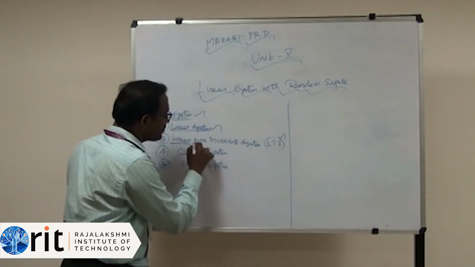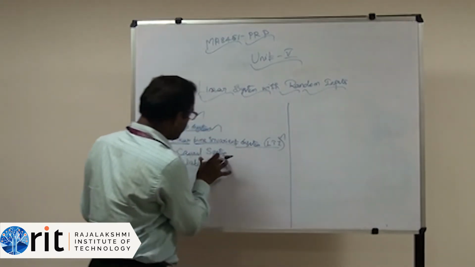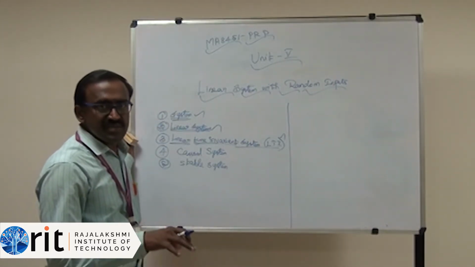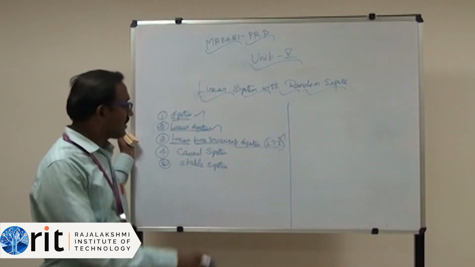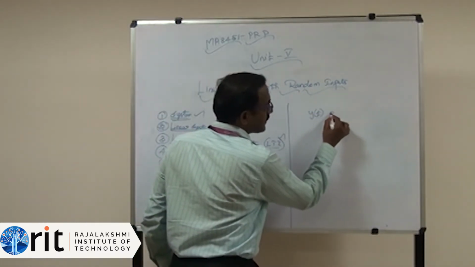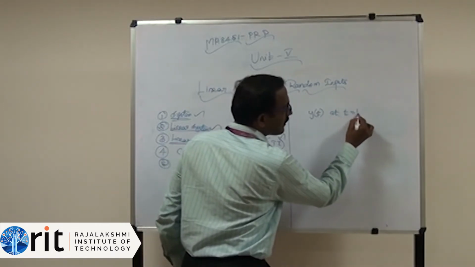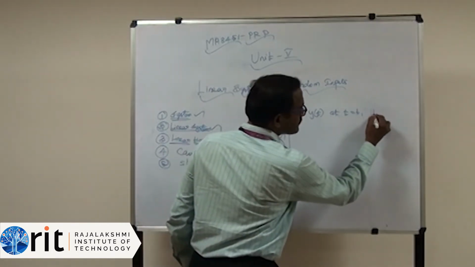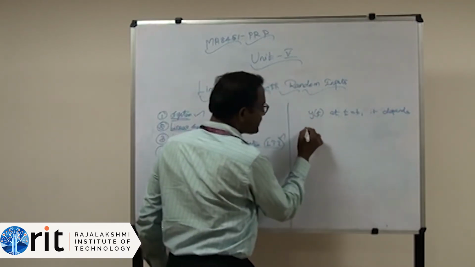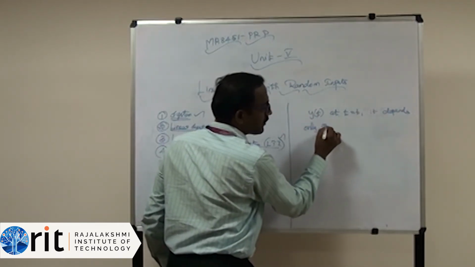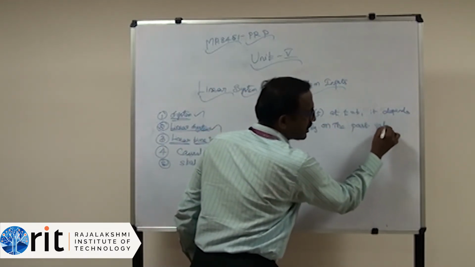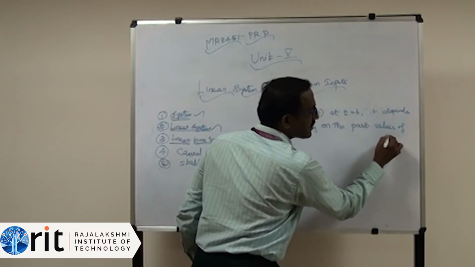Next, what do you mean by a causal system? Normally, the output depends only on the past values. That is called a causal system. That is, y of t at t equal to t1 depends only on the past values of x of t.